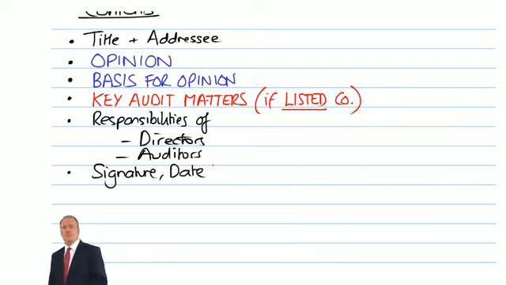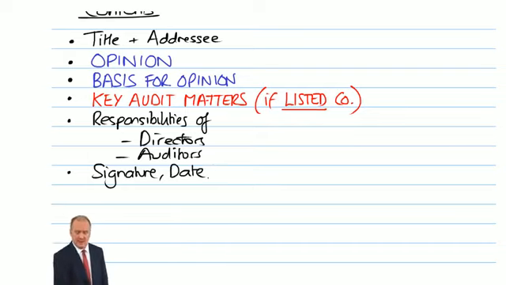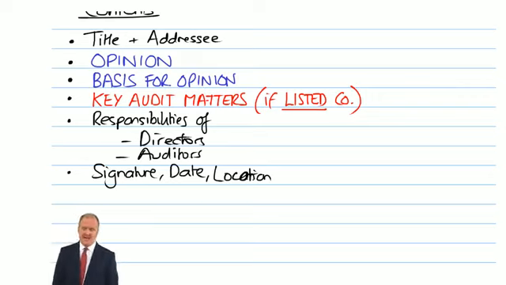And then it finishes off with the auditor's signature, the date of the audit report, also the location of the auditor's office, so which city it is in. And there you've got the basics.